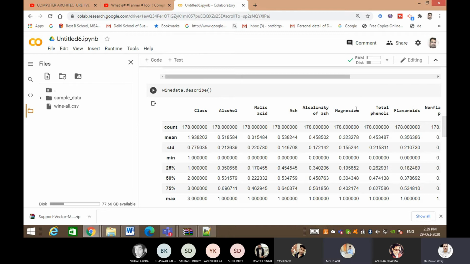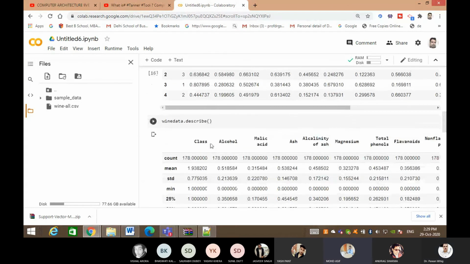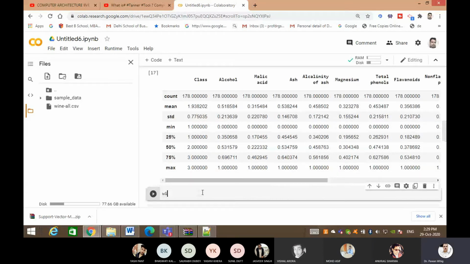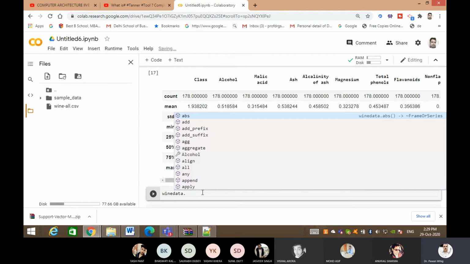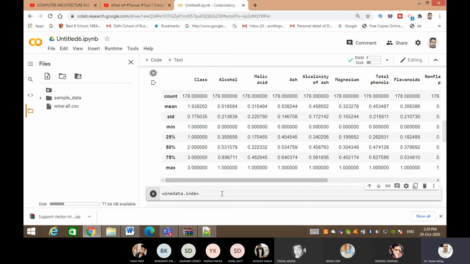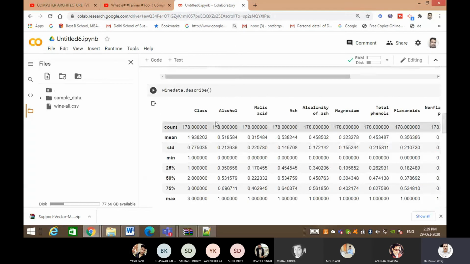How do we see these headers? You don't do anything, you don't study anything. Wine data dot what? See, this is how you know it is better, because inside it you automatically get help. What should I write? I want to see all the headers. Wine data dot index. Okay, let me play this. This results in an error. Tell me what to do, what is the command to see only the headers?